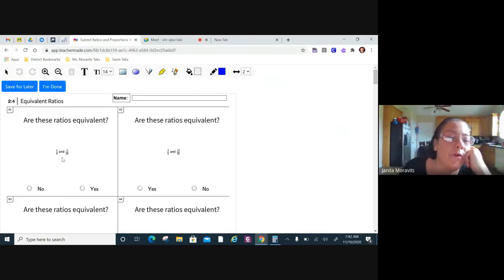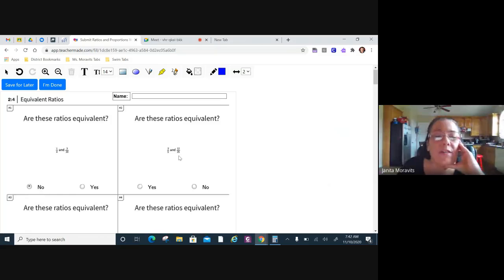And remember, if they're equivalent, you can cross multiply. You can say 4 times 3 and 1 times 20, and you should have the same answer. Well, let's see. 4 times 3 is 12. 1 times 20 is 20. Those are not the same if you're cross multiplying. So these two ratios are not equivalent. So we're going to say no.